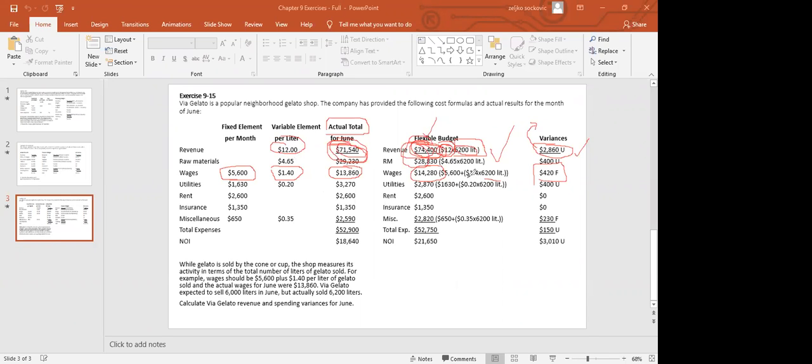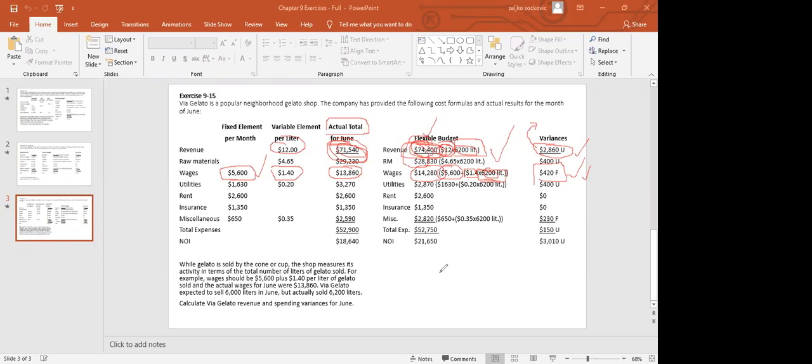So we would investigate this. Maybe one worker left and we did not spend $5,600 for the fixed wages, but we still covered our sales of 6,200 with other workers. The bottom line, it's good for us. We did not spend as much as we should have spent at this level of activity. So that's favorable.